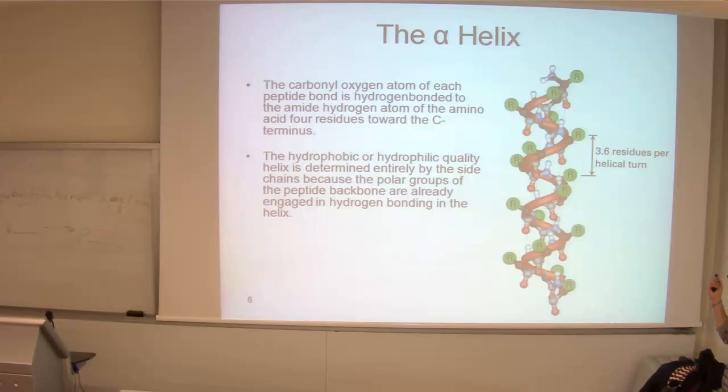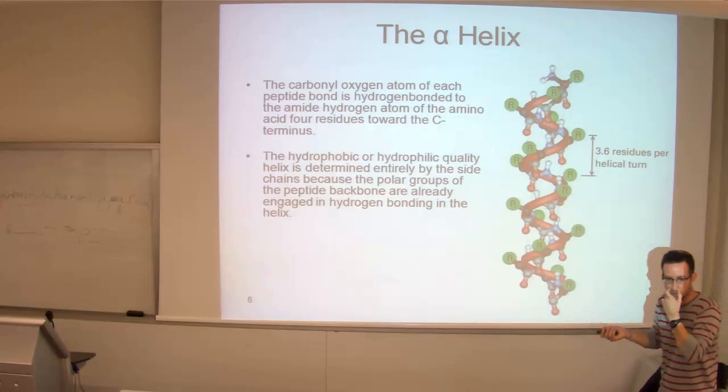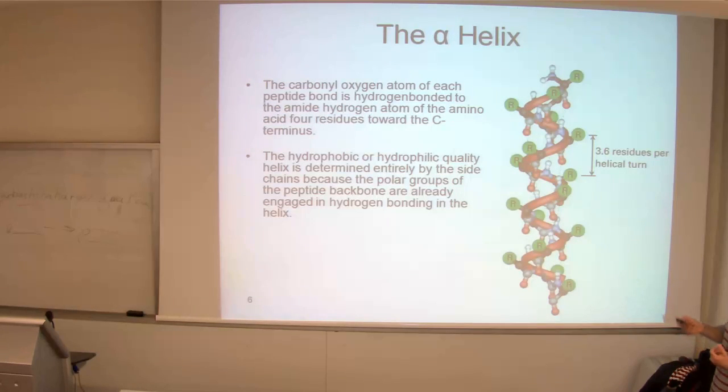The partially positively charged hydrogen is hydrogen bonded with the two unpaired electrons from this oxygen, and you have a hydrogen bond right here. And it usually occurs between two amino acids that are far from one another.